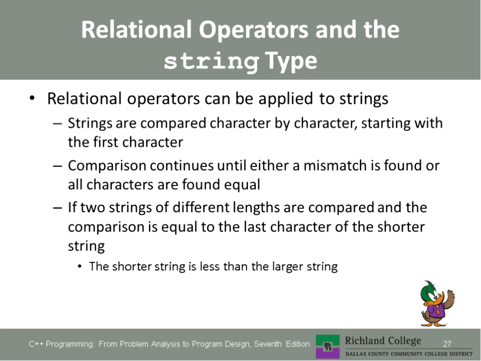Now, if two strings are different lengths and they are compared, the comparison is equal to the last character of the shorter string. So the shorter string is less than the larger string.